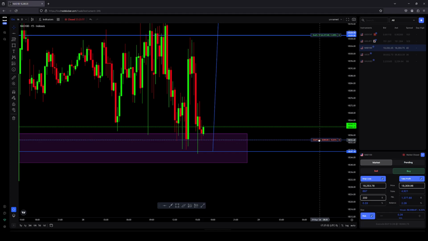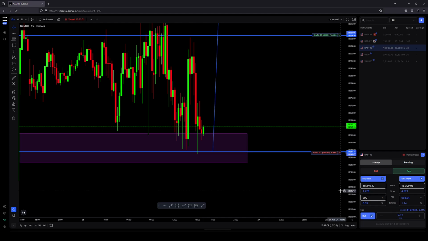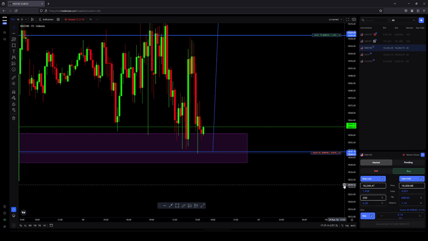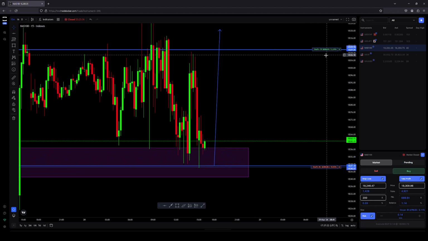If I click this and drag this down to this support area, that drops it down to 0.14. So if I'm still convinced I should be risking 200 bucks, then I'd be taking 0.14 lots.